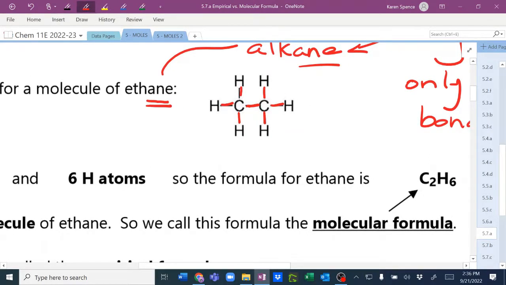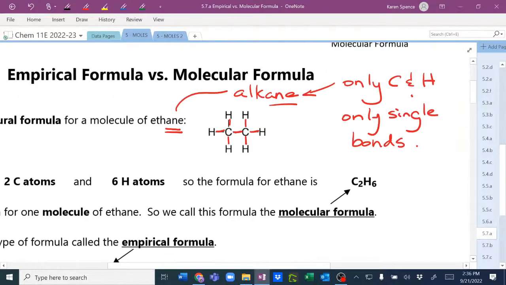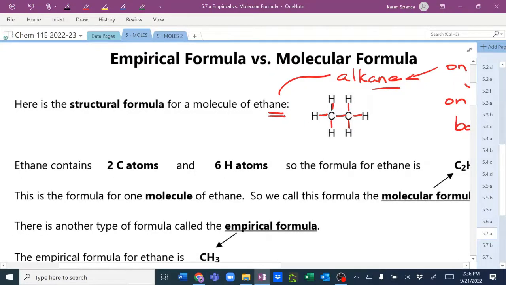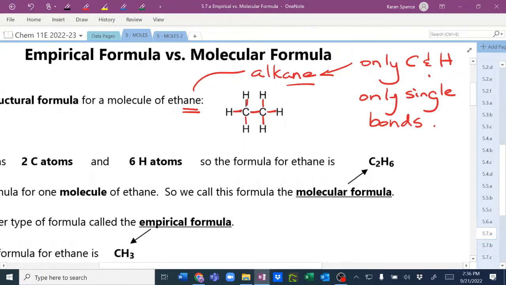So that is the structural formula. It contains 2 carbons and 6 hydrogens. That is our molecular formula.